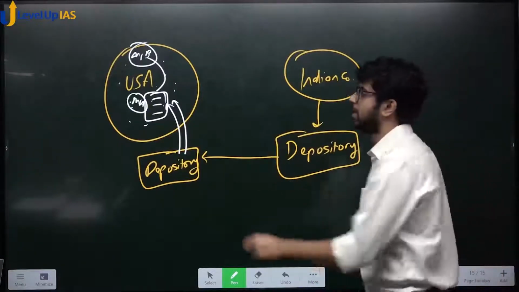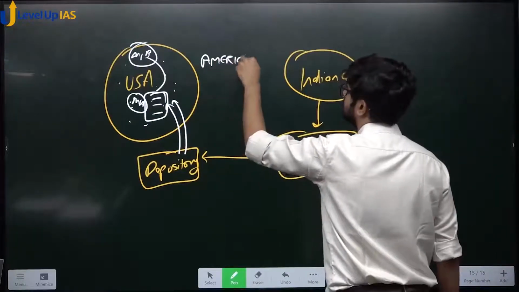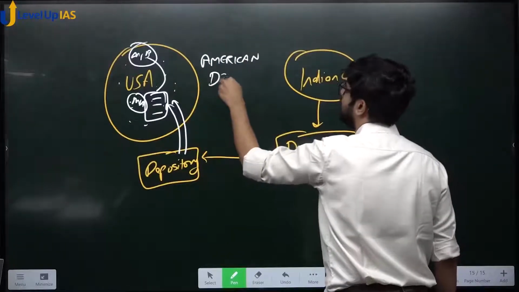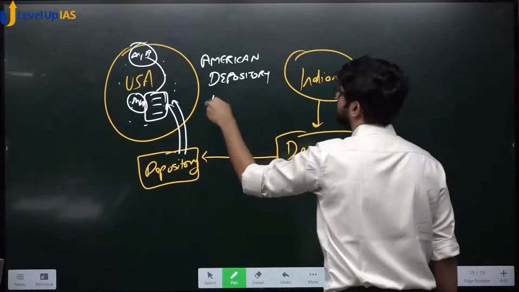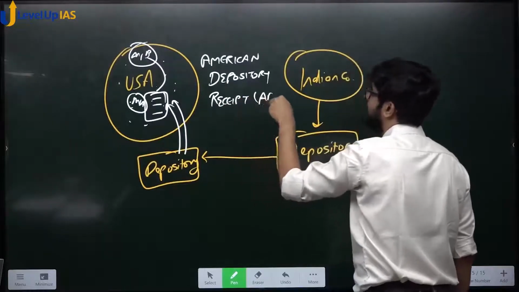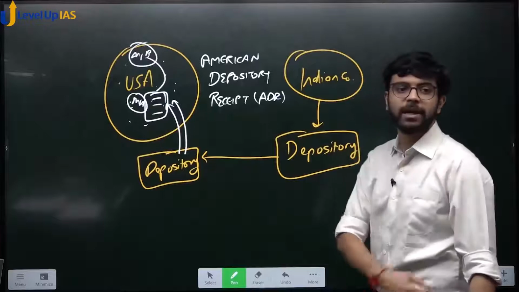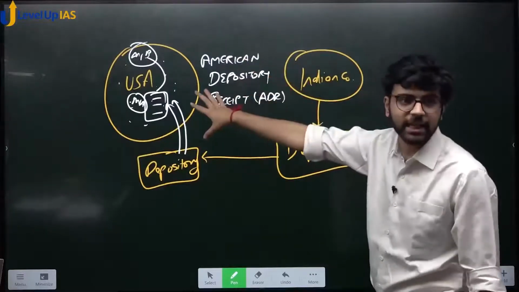This instrument is called American Depository Receipt, ADR. If it is issued in USA, then it is called ADR.